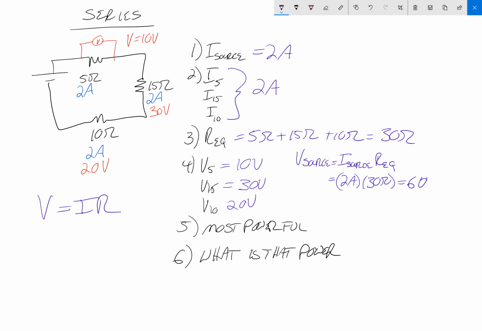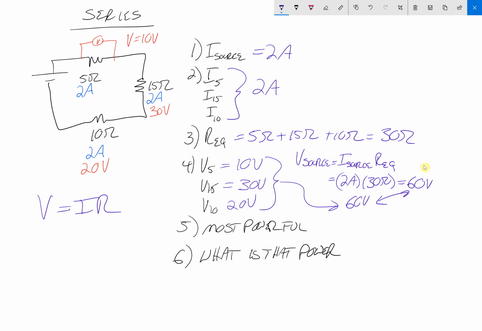That's supposed to be a V0, but I made it a 0, and it's horrible. 60 volts. You should also remember that in series, if you add the voltages, you get the total voltage. And I think you could do this in your head. 10 plus 30 plus 20 is, hey, 60 volts. They're the same. Terrific.